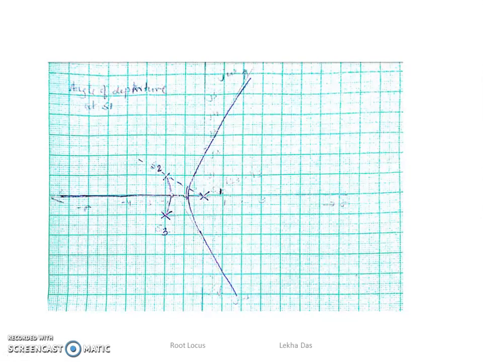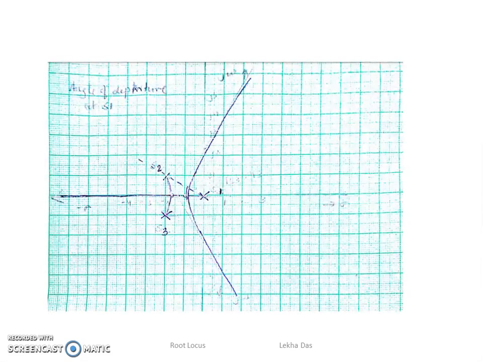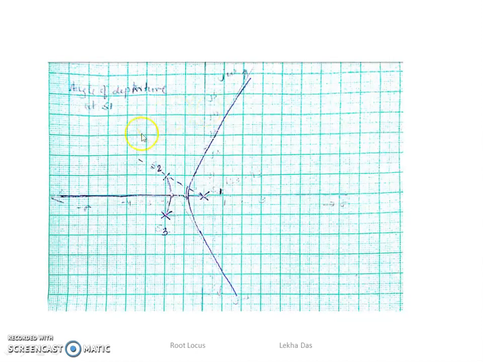Angle of asymptotes means at infinity the Rootlocus meets the asymptotes at those angles. And we have breakaway points at minus 1 and minus 1.67. So these two are the breakaway points.